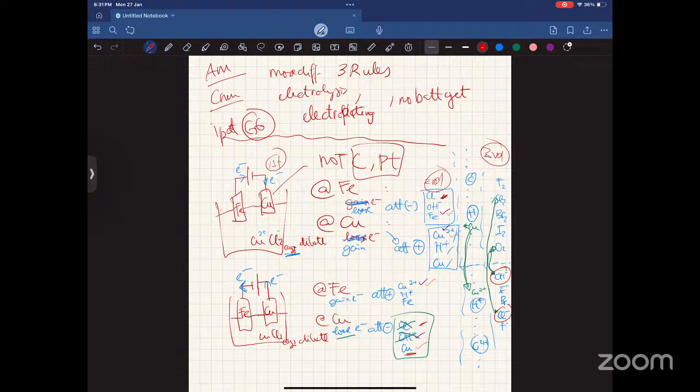These two examples, are they electroplating? Don't think so. I thought there needs to be something.